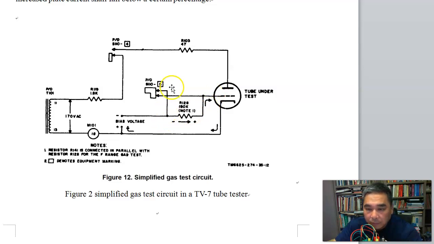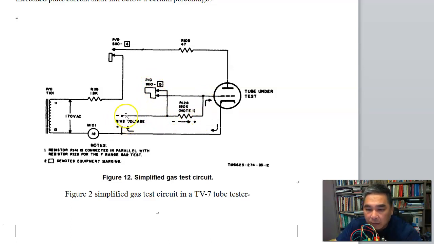So the way the gas test works in TV7 is, first you measure the plate current with the switch shorted. In other words, the bias voltage will appear on the grid circuit. Secondly, you open this switch and measure the plate current again.